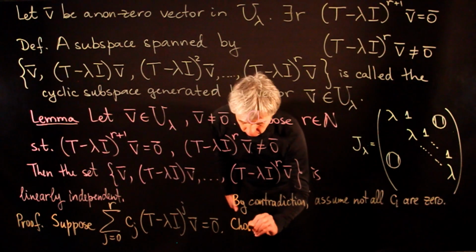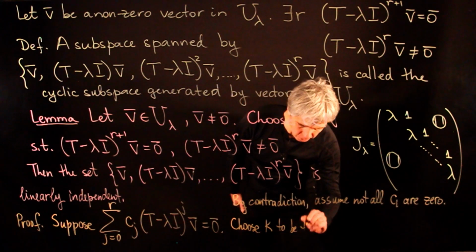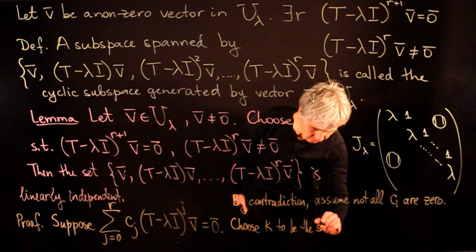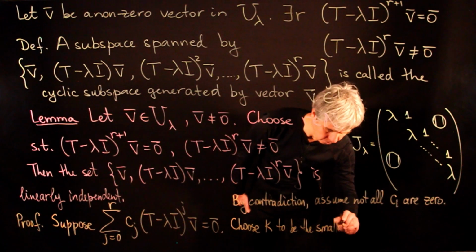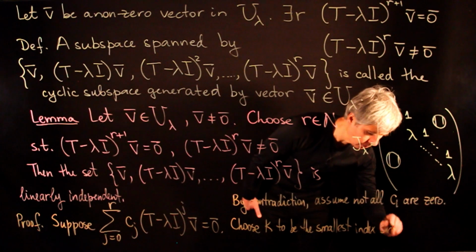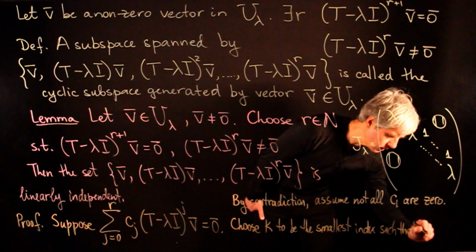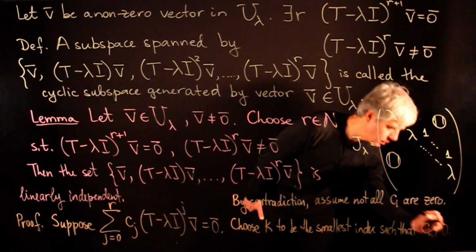Choose k to be the smallest index such that the coefficient c_k is not equal to 0.